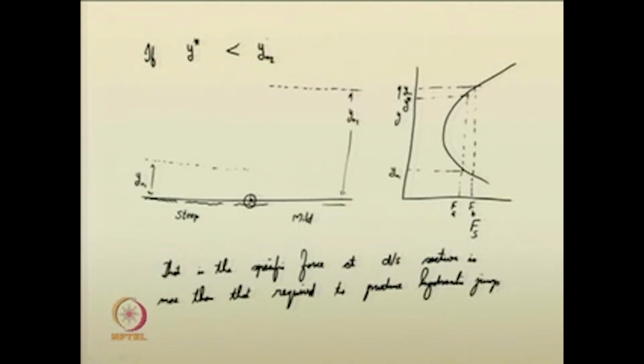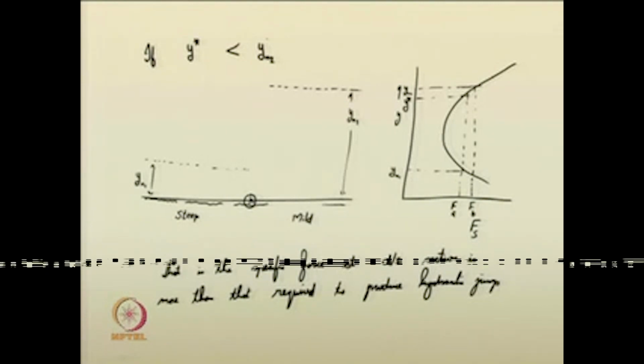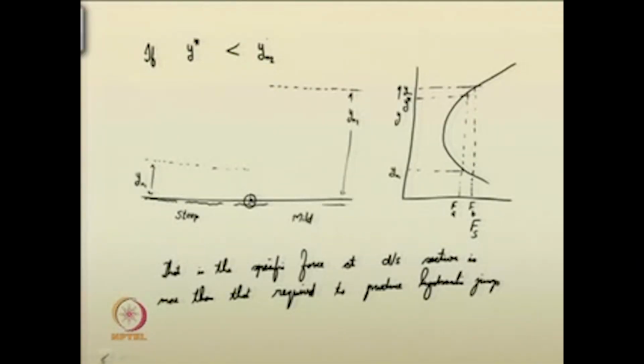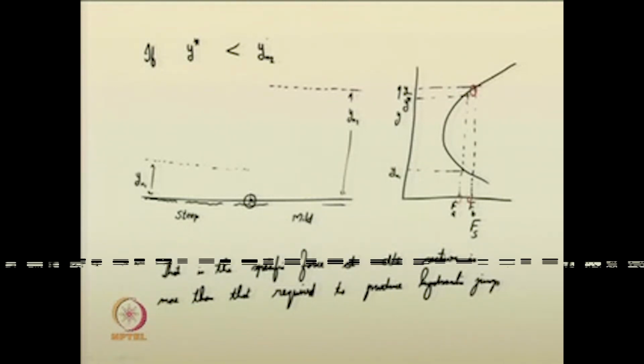So how will the flow balance then? Here the specific force is more. You can see this portion is having a more specific force compared to the downstream section, where FA is the specific force.